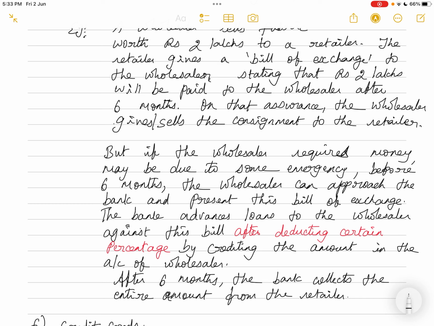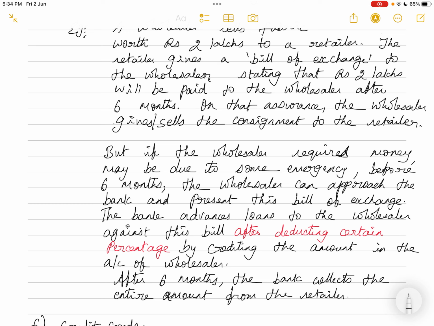After 6 months, the bank collects the entire amount from the retailer. So even though the bank is paying 1,75,000 to the wholesaler, because the bank is helping the wholesaler in times of emergency, after 6 months the bank is collecting the entire 2 lakhs from the retailer. So this difference again becomes the profit to the commercial bank.